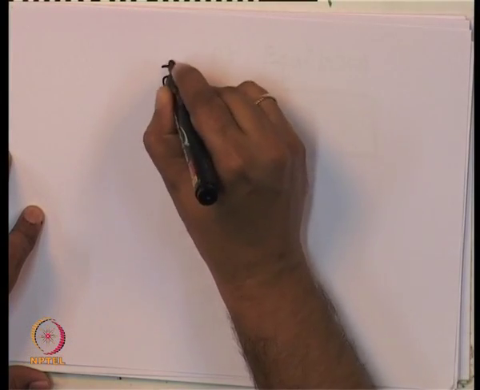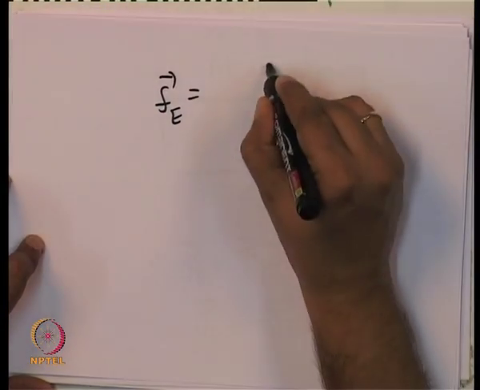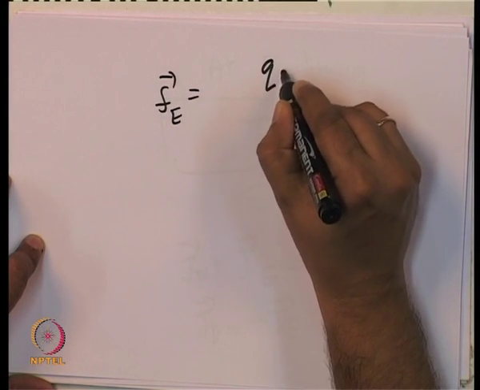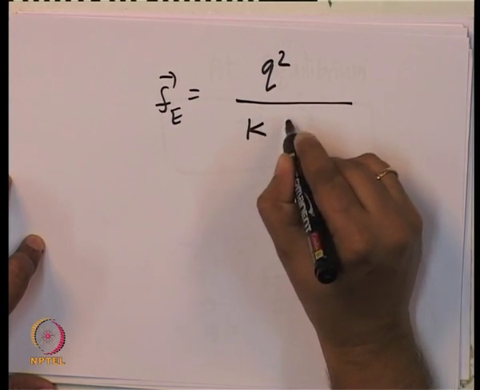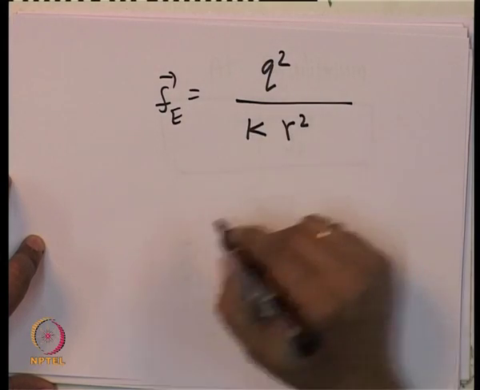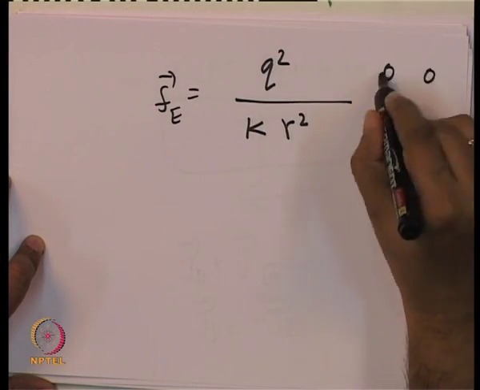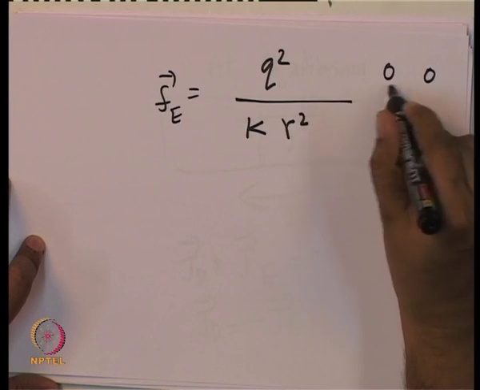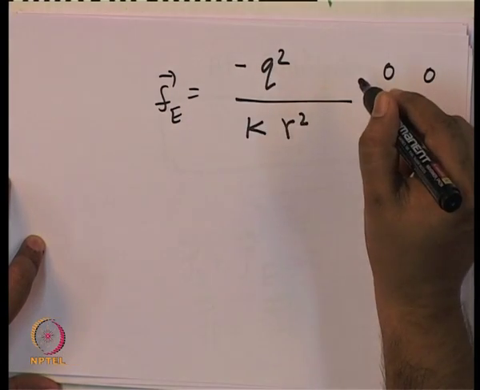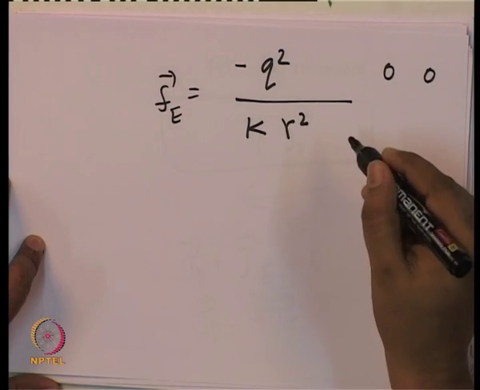From Coulomb's law, we know that the Coulomb force, if you have two charges q, is q square by k r square. This is the electrostatic force. If it is plus and minus, it will be minus q into plus q, so it will be a minus sign. But this will be the force.